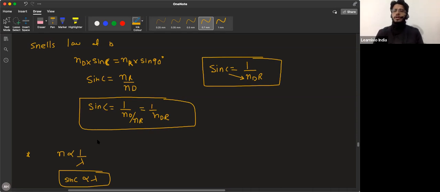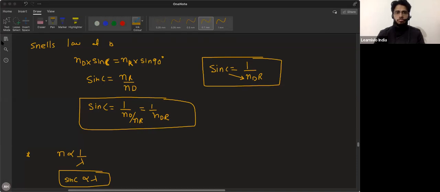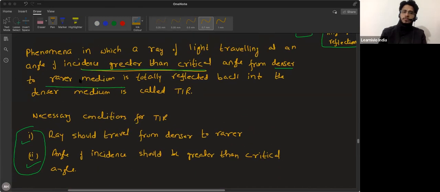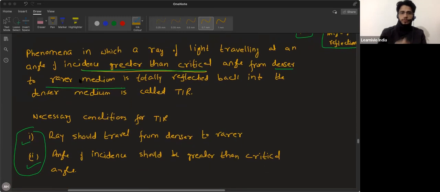Maria, what are the 2 conditions that the system should follow for TIR? Yes, Amalia, what are the 2 conditions? Sir, I don't know. I didn't complete writing. Okay, you didn't complete writing. You didn't write this? No, sir. Okay, please first note it down.